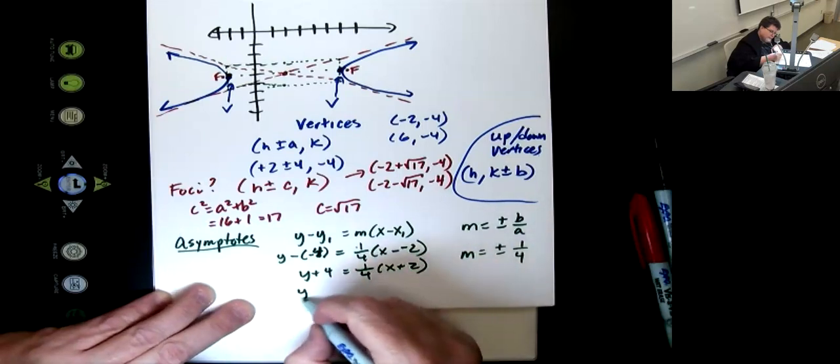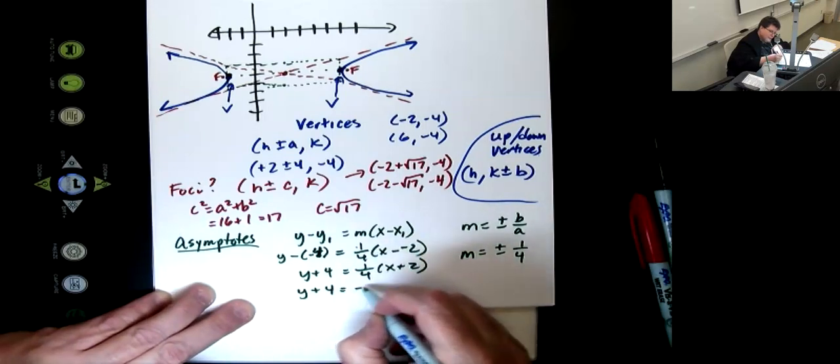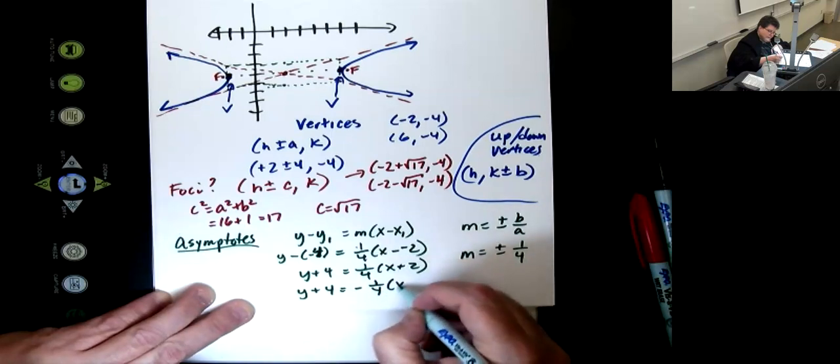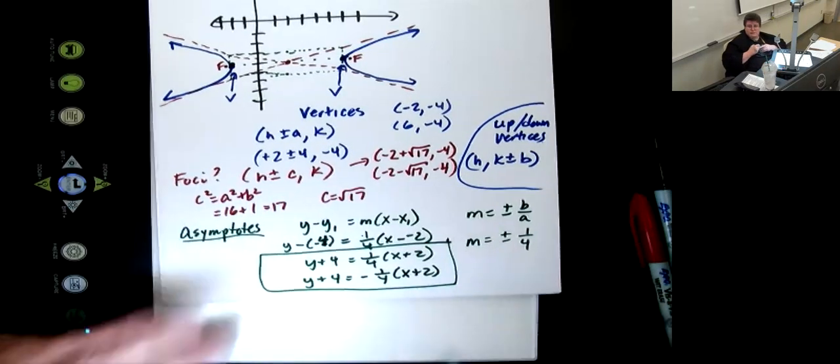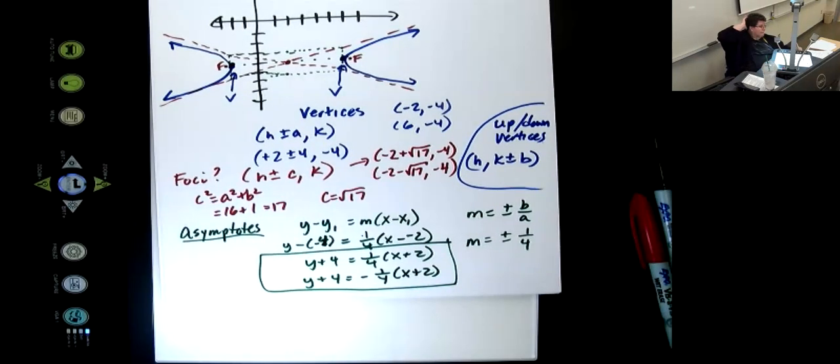The other option is y plus 4 equals -1/4 times x plus 2. Those are the two asymptotes. If you want to solve them for y and write them in y equals mx plus b form, you can.